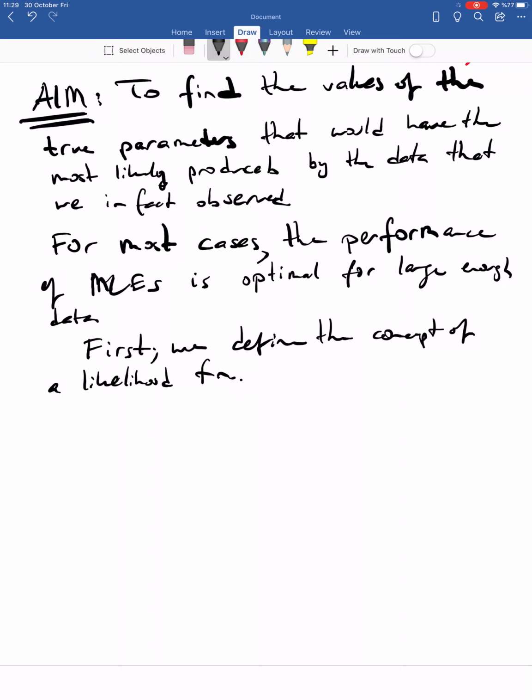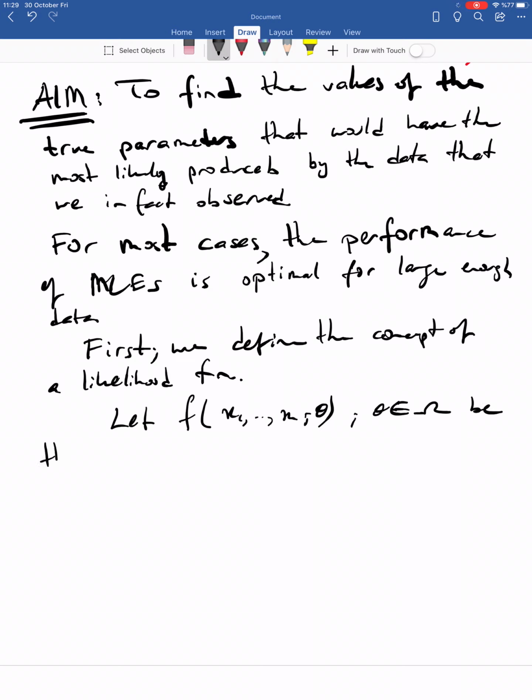Okay, so first we have a joint PDF of n random variables, f of x1 till xn with these unknown parameters, where theta is in the parameter space. We can have more than one parameter, theta represents the parameter vector basically.